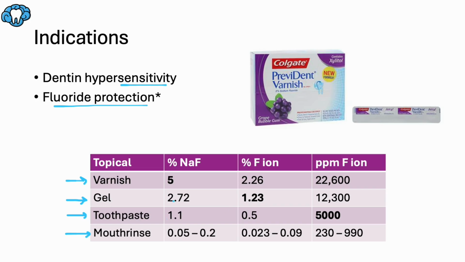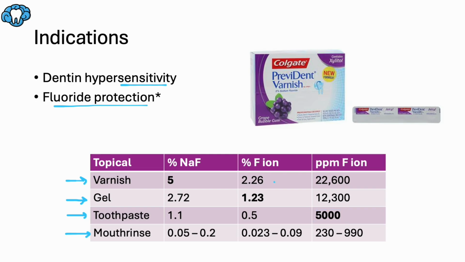Likewise, a 2.72% sodium fluoride gel is the same as 1.23% fluoride ion or 12,300 parts per million fluoride ion gel. A 1.1% sodium fluoride toothpaste, like PreviDent 5000 Booster Plus, is the same as saying 0.5% fluoride ion or 5,000 ppm fluoride ion, hence the name PreviDent 5000 when we're talking about that prescription strength toothpaste.